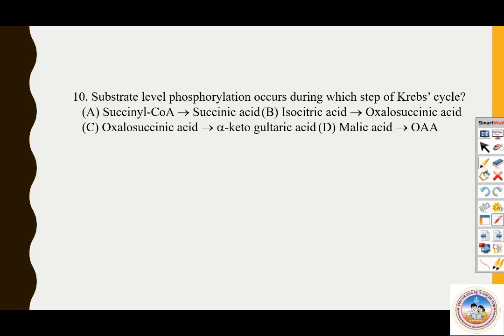Succinyl CoA to succinic acid, isocitric acid to oxaloacetic acid, oxalosuccinic acid to alpha ketoglutaric acid, malic acid to oxaloacetic acid. Okay? So this was none other than succinyl CoA to succinic acid. So the option is your A.